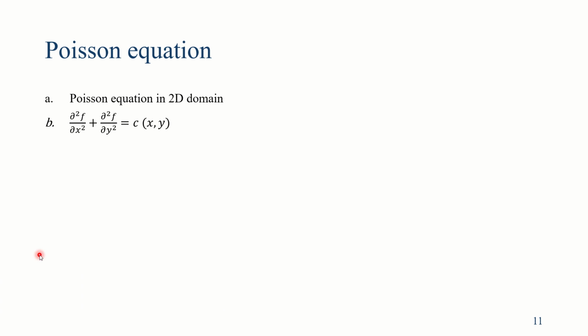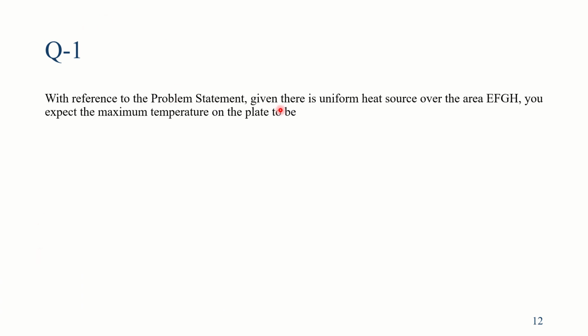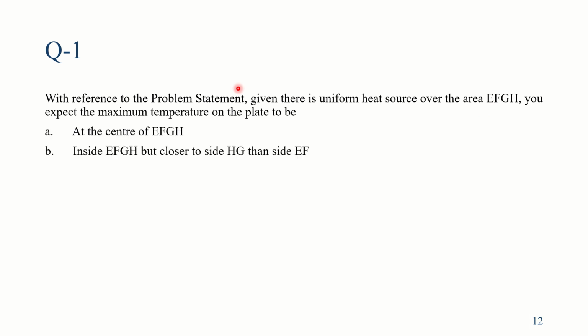And now let us look at the options given. Question 1: with reference to the problem statement, given there is a uniform heat source over EFGH, where do you expect the maximum temperature on the plate to be? The options are: at the center of EFGH, inside EFGH but closer to side HG than EF, inside EFGH but closer to side EH than FG, or outside EFGH.